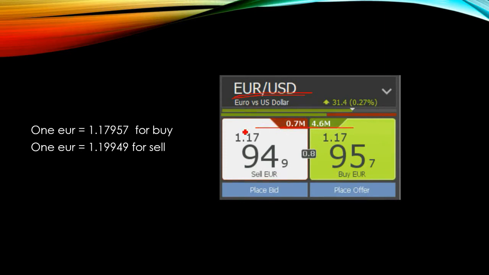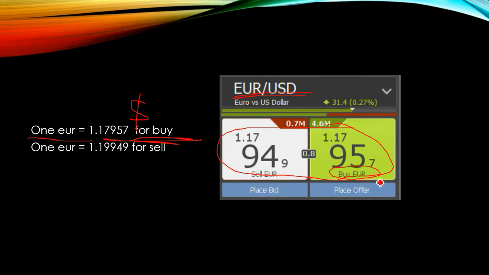One thing you should know is that in EUR/USD you can see two rates here. If I'm buying euro, I have to give $1.1795 to buy 1 euro. That is this value, the buy value.